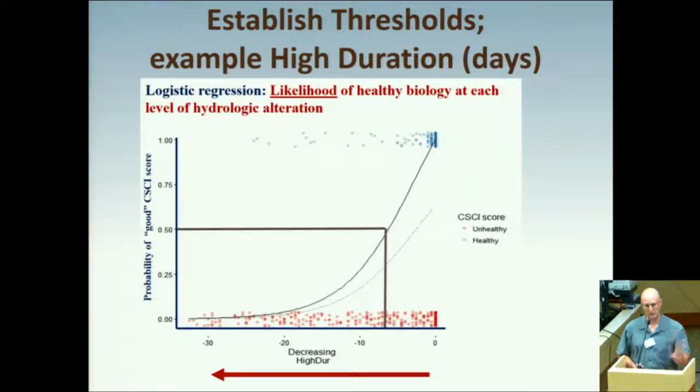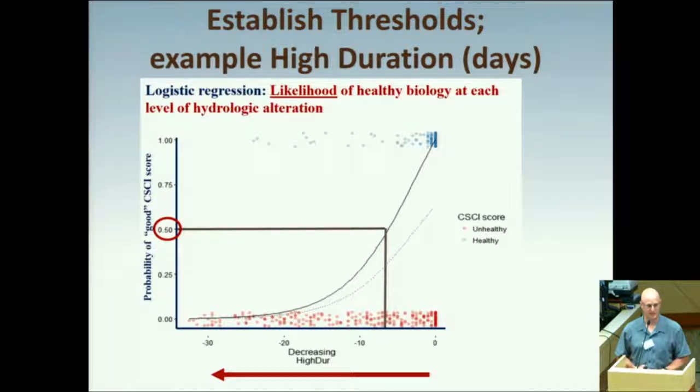So this happens to be one metric in the decreasing manner, and then I can just look at the 50% probability of achieving that good score, and I can look at how much my hydration flow has to decrease before I drop below that desired threshold. And so in this case, I can say if my hydration flows are decreased by about 7 days over the course of a year, then I have a 50% probability of causing a problem to my biology. There's nothing magic about 50%.